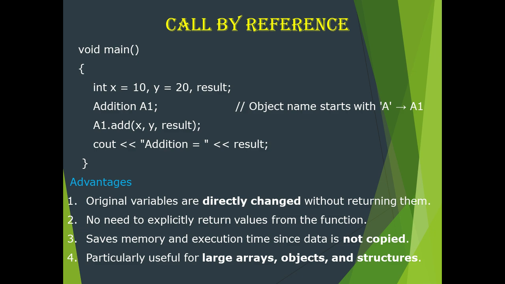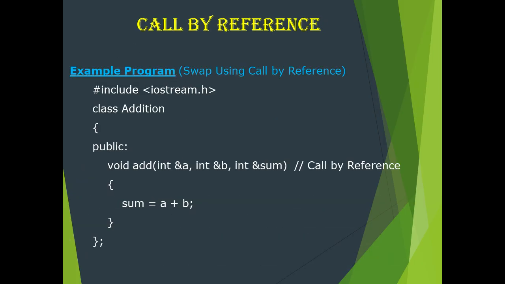So what happens when a function is called? The control passes to the function definition. In the function definition, the value of x is received in the variable a, the value of y is received in variable b, and result in sum. This means x and a refer to the same memory location, say 1000.